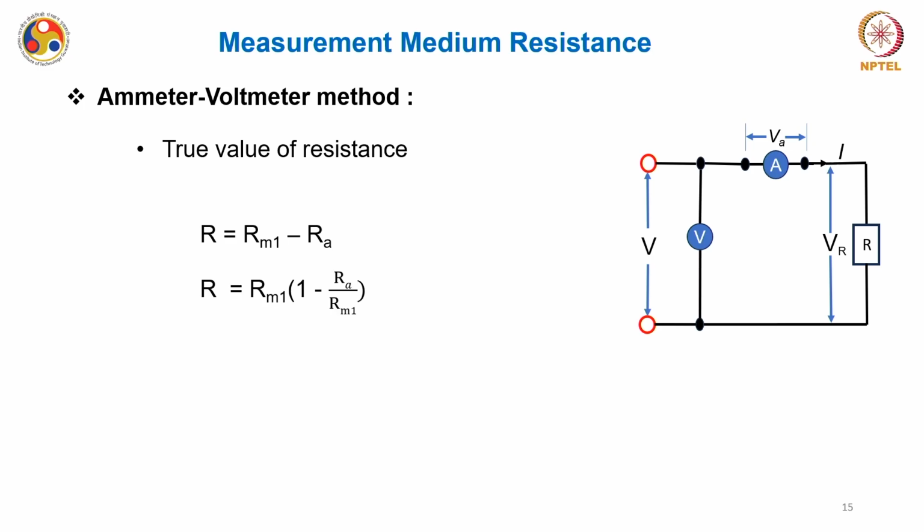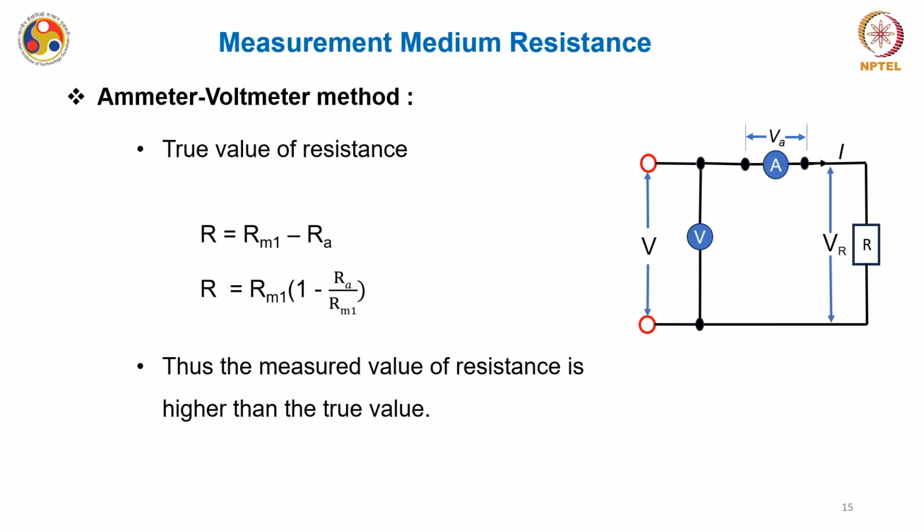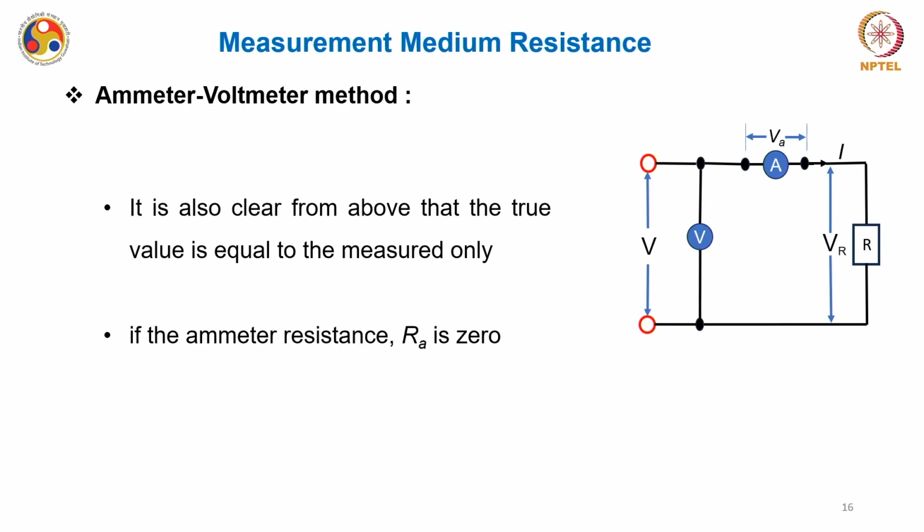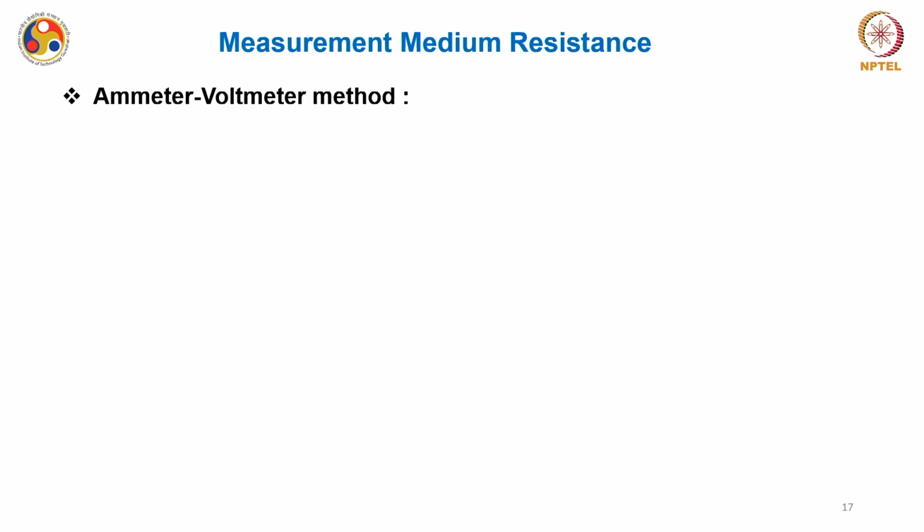So, the true value of resistance is equal to RM1 minus RA, or I can say RM1 minus RA by RM1. Thus, the measured value of resistance is higher than the true value. This is the correct statement. It is also clear from this equation that the true value is equal to the measured value only if the ammeter resistance RA is 0, that we have also seen in our previous discussion.